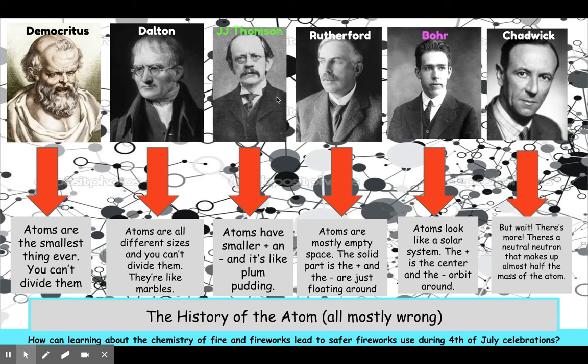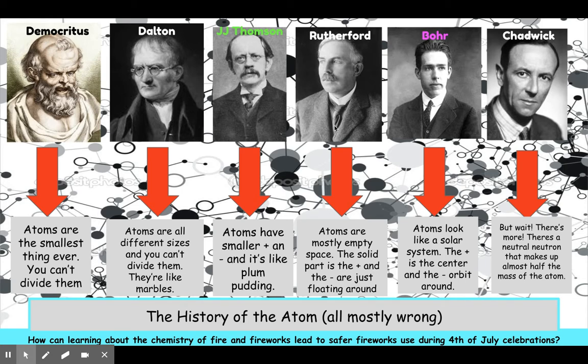Rutherford worked with Thomson. He actually did a really cool experiment. Google it if you'd like to know more about it. It's called the gold foil experiment. And he determined something quite odd about atoms, which is still true today, that they're mostly empty space.